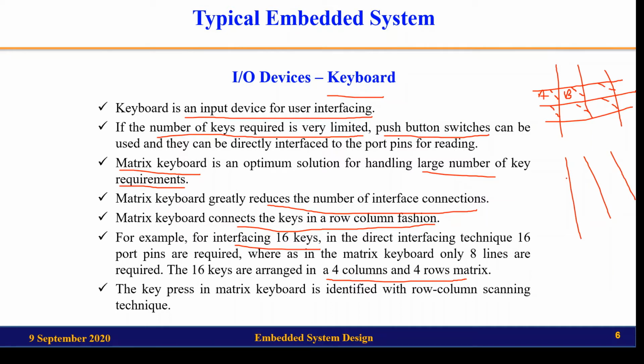Here we can go with A, B, C, D, E, F, G, H, I, J, K, L, M, N, O, P. Also, for easy understanding, you can take 1, 2, 3, up to 16. So a total of 16 keys are available by taking 4 rows and 4 columns.